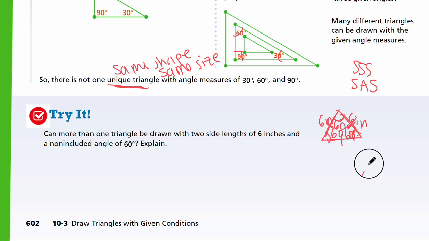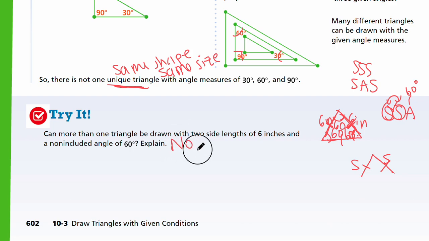So if we have 2 sides that are exactly the same, and the angle must be 60 degrees, then there's only one way, right? So in this case, there cannot be more than one triangle.